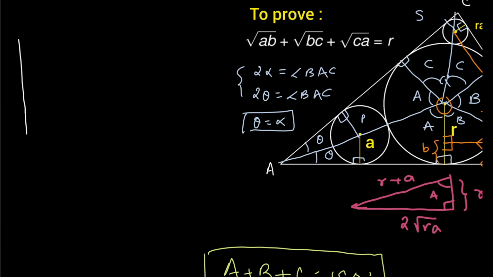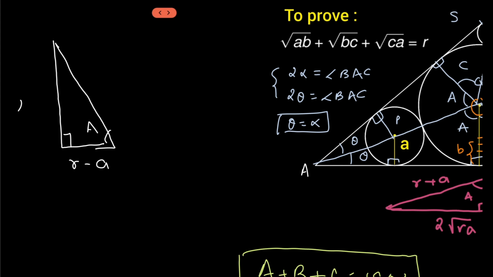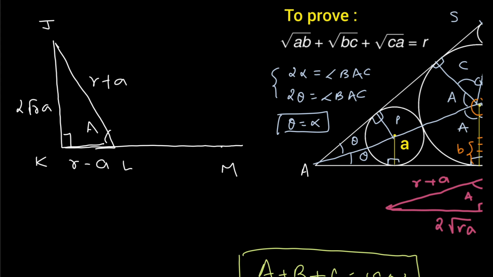So for that, let me take the first triangle this way. Okay, in this triangle, this angle over here is a. Here's the 90 degrees. This side with a is r minus a. The height is 2 times square root of ra, and the hypotenuse is r plus a. Okay, and let this triangle be labeled J, K, L. Now I will extend the base of this triangle as a straight line and mark a point M over there such that the length of LM is exactly equal to the length of LJ.